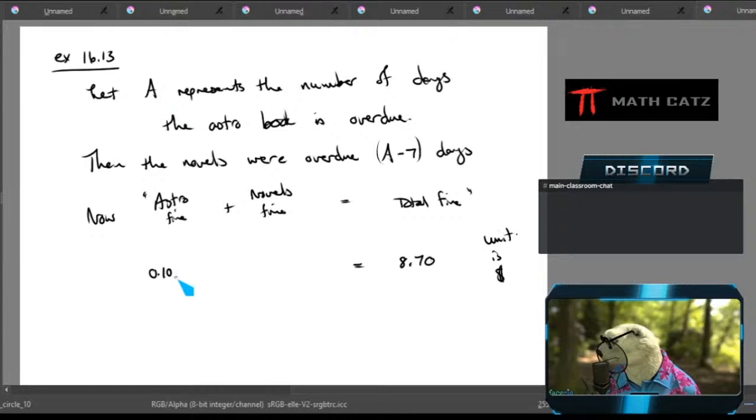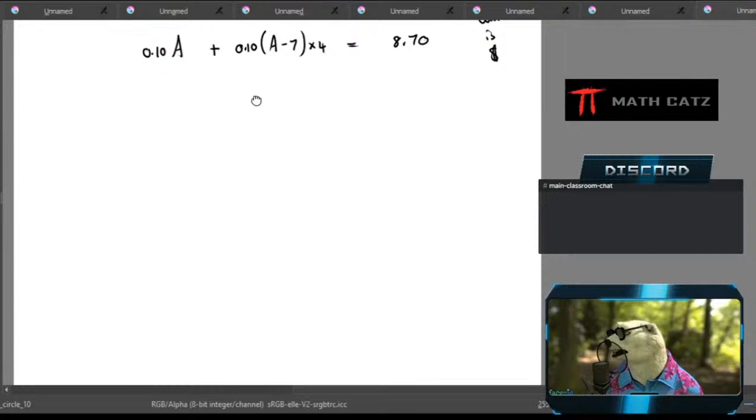And the astronomy book was taken for A days, and that's the cost. The novel is also 10 cents a day, and the novels were overdue A minus 7 days, but there are 4 of them. So the total fine is going to be times 4. And there's my equation. A few more pieces to it, but it's still there.